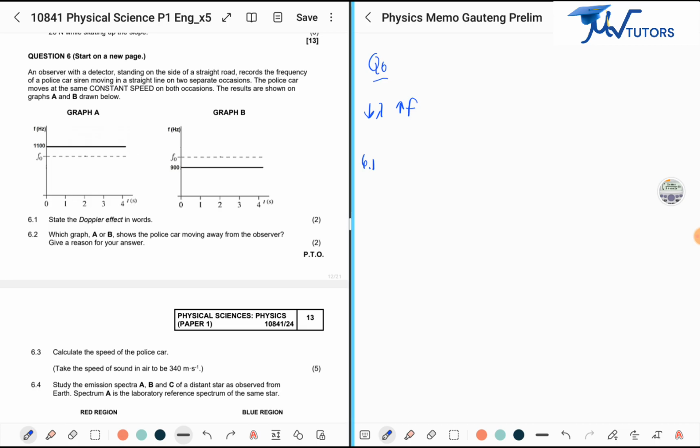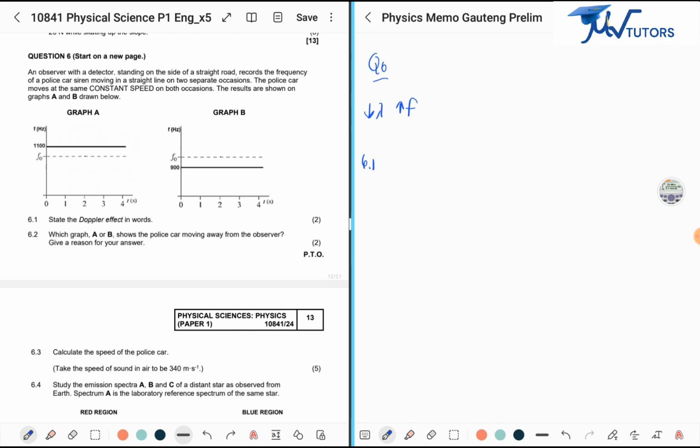Okay, so basically the Doppler effect is the change in frequency that a listener or an observer hears. Actually, they don't hear the frequency, they hear the sound.